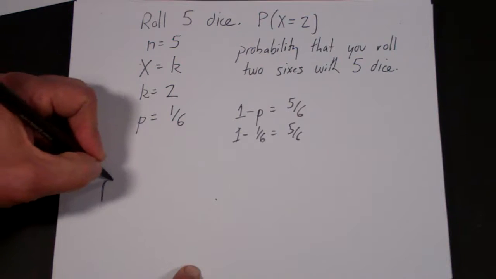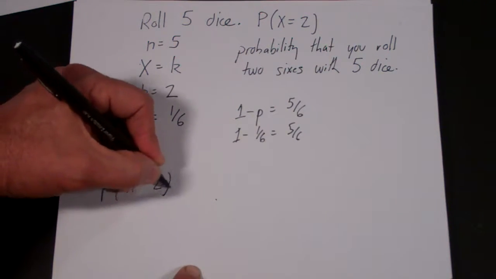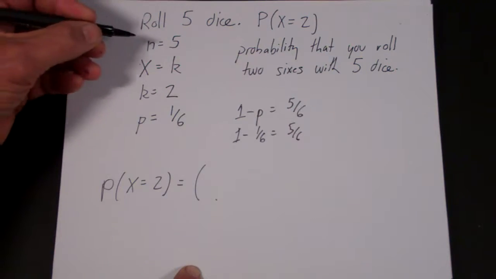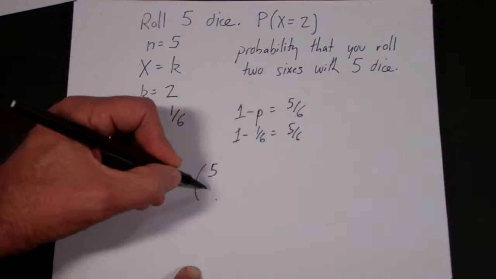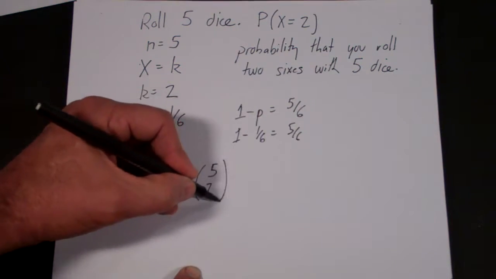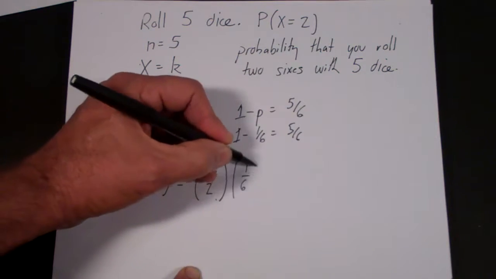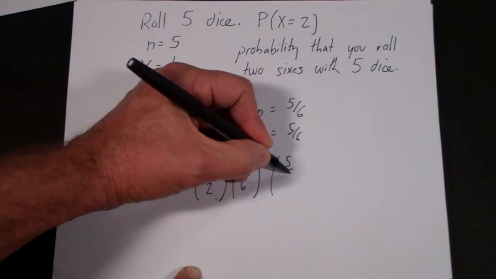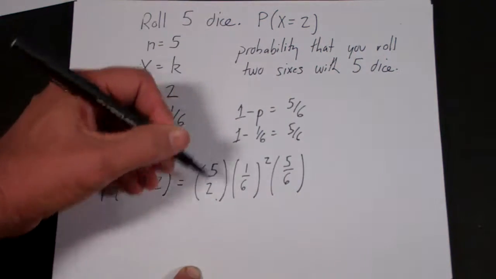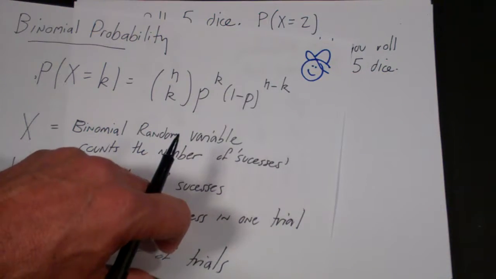So we have the probability that X is equal to 2 is equal to 5 choose 2, and then it's 1/6 raised to the 2, and 5/6 raised to the n minus k. Notice that that's n minus k.